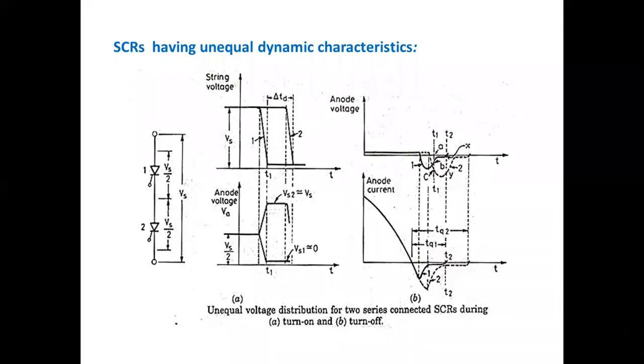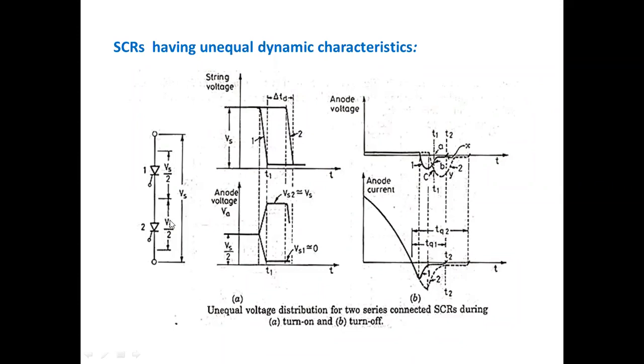Next, the turn on time of SCR2 is more than that of SCR1, by a dynamic time difference delta td.